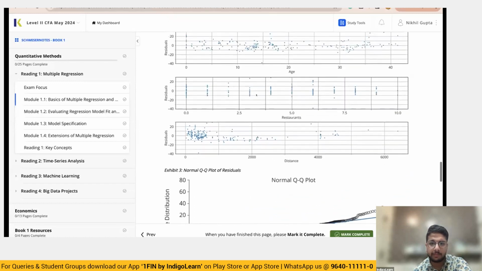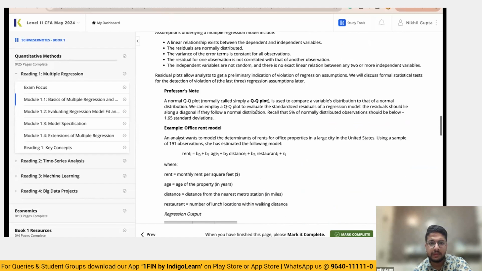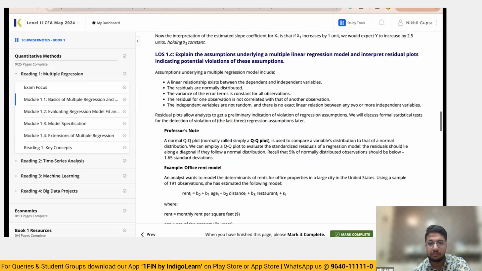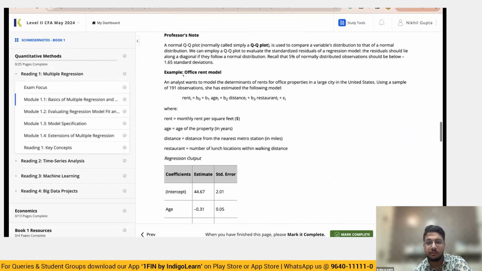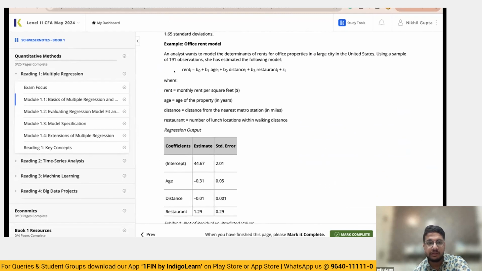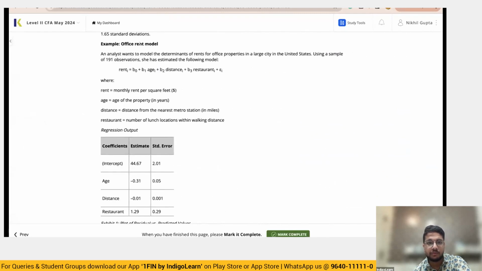It's LOS C, book 1, module 1.1. So come to LOS C and just read this office rent model once.